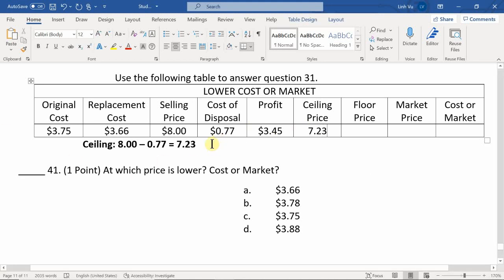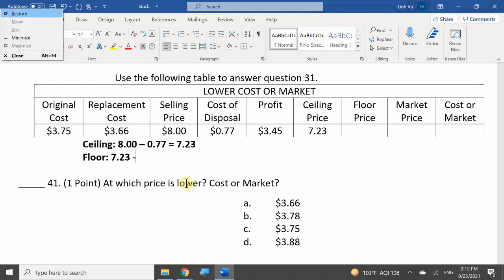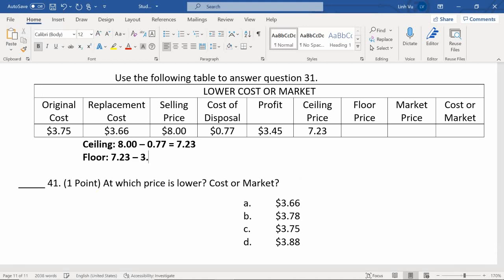Now, how do I solve for my floor? $7.23 minus $3.45 equals $3.78.